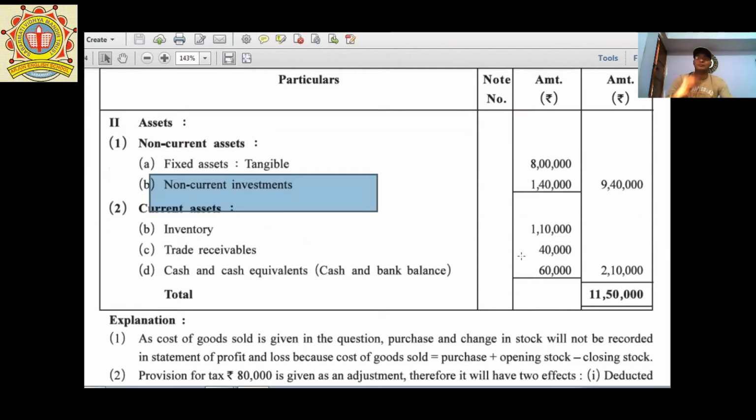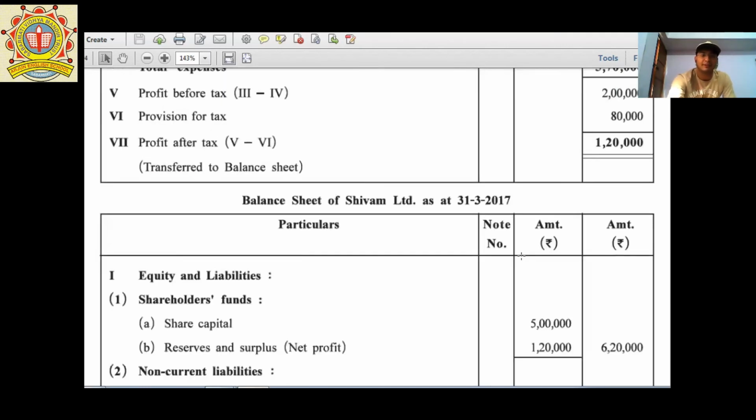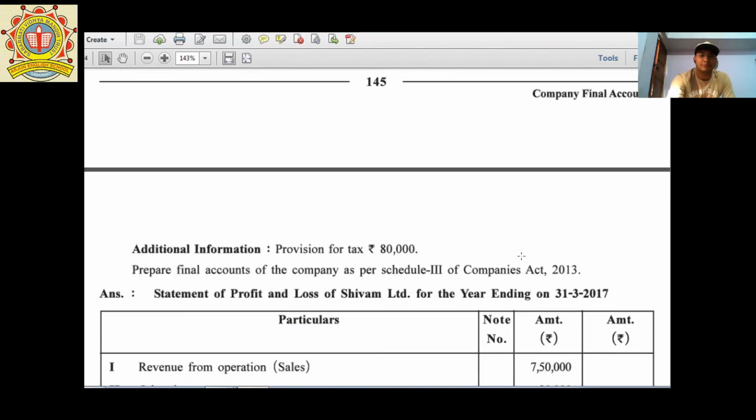So we have completed the whole table presented in the question, but here there is a specific adjustment. This adjustment is regarding provision for tax. Now we have to present this provision for tax, but here it is an adjustment.